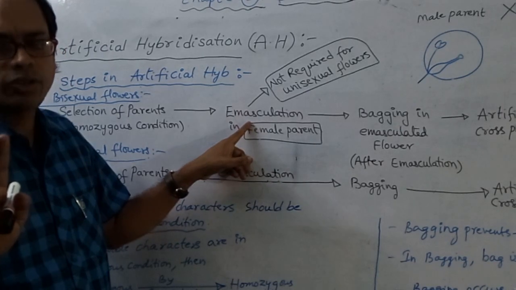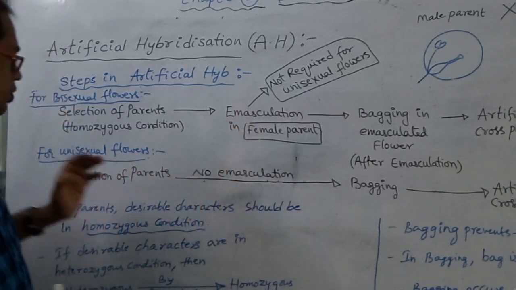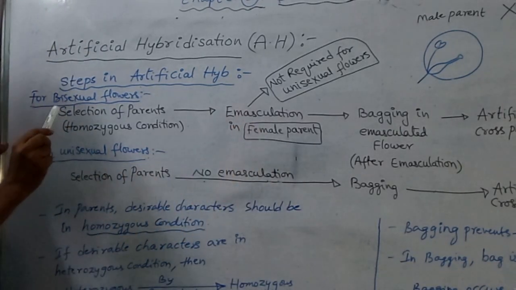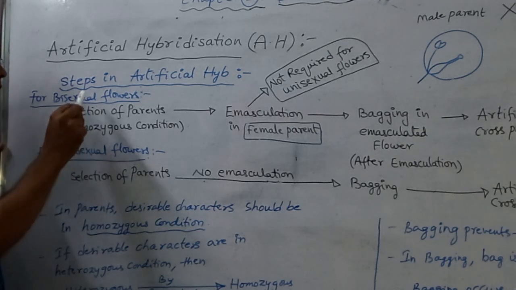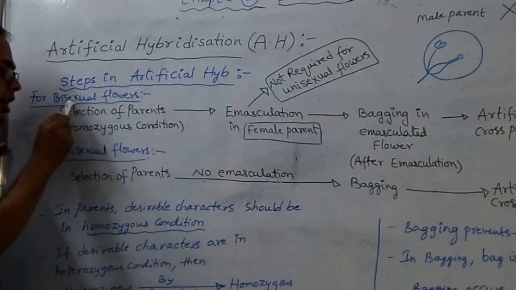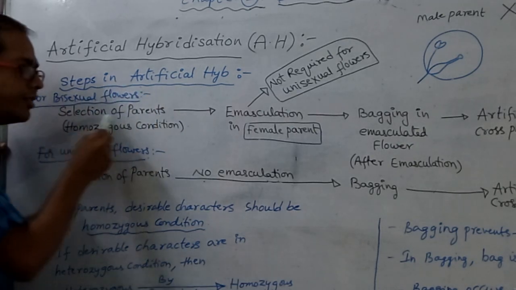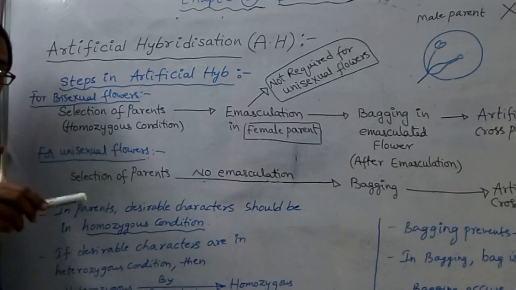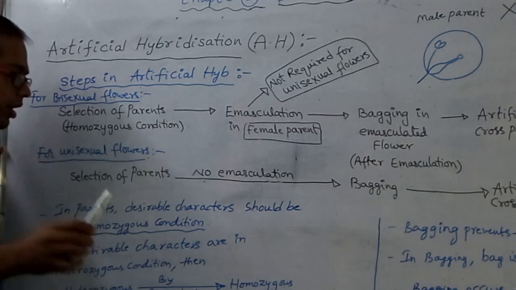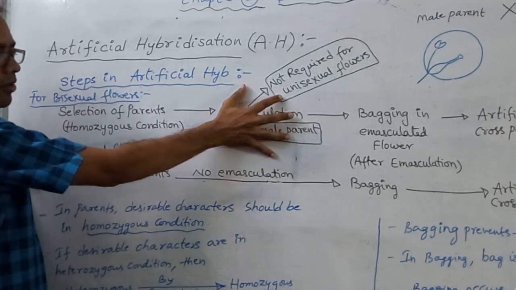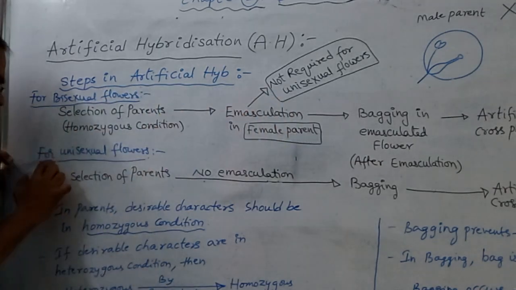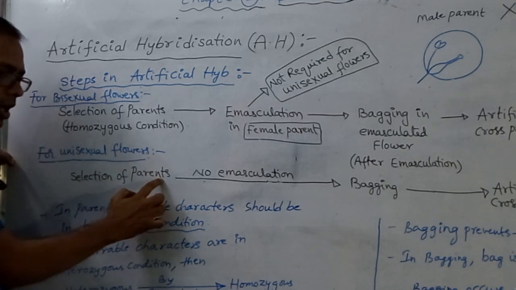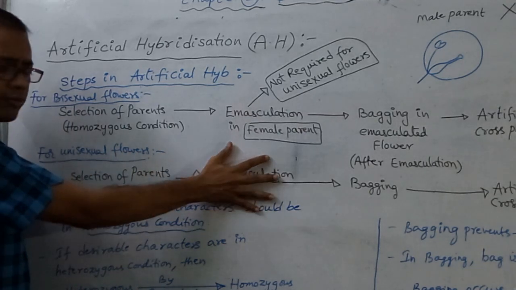Are you understanding, my dear students? If the question is the sequence of steps in artificial hybridization in bisexual flowers, write this sequence. For unisexual flowers, don't write emasculation.